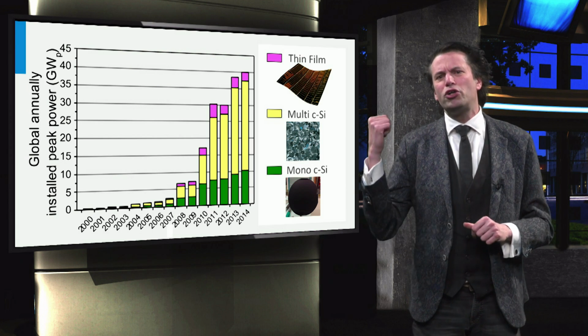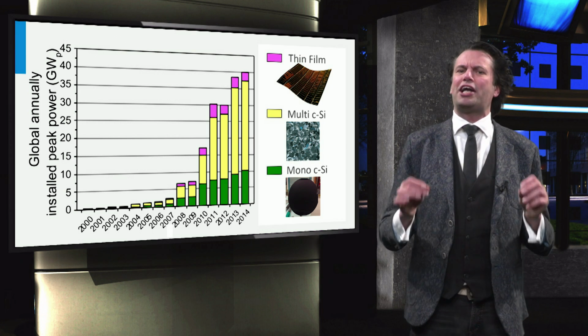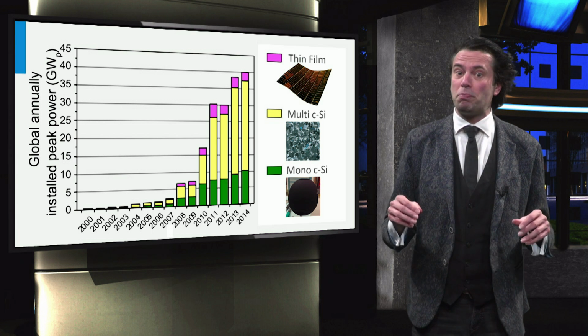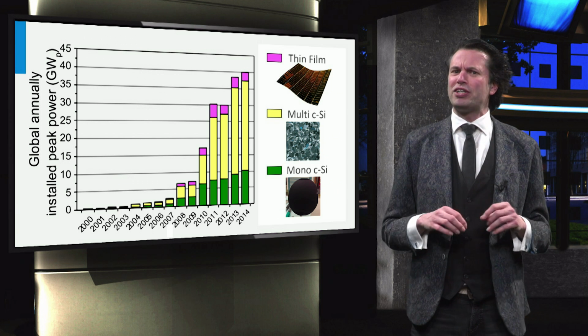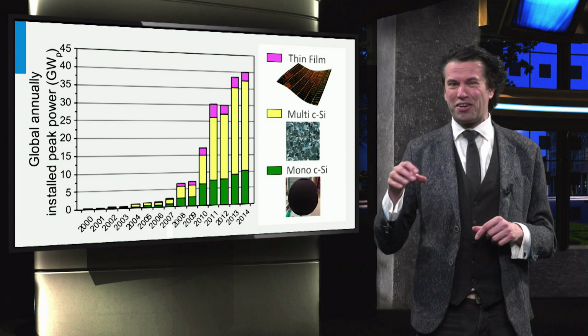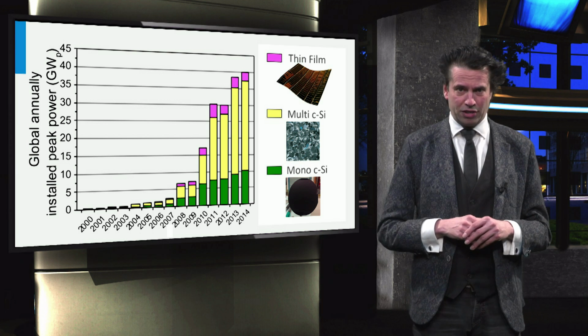In this graph, I only show how the various PV technologies contribute to the total annual global module production. The green and yellow colors represent the crystalline silicon PV technology. As you can see, the crystalline silicon PV technology is the dominant technology and contributes to around 90% of the total module production in 2017.